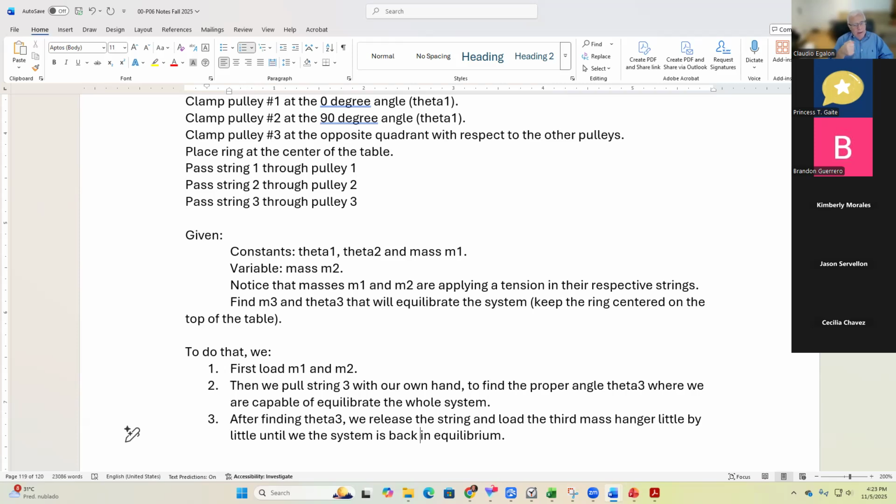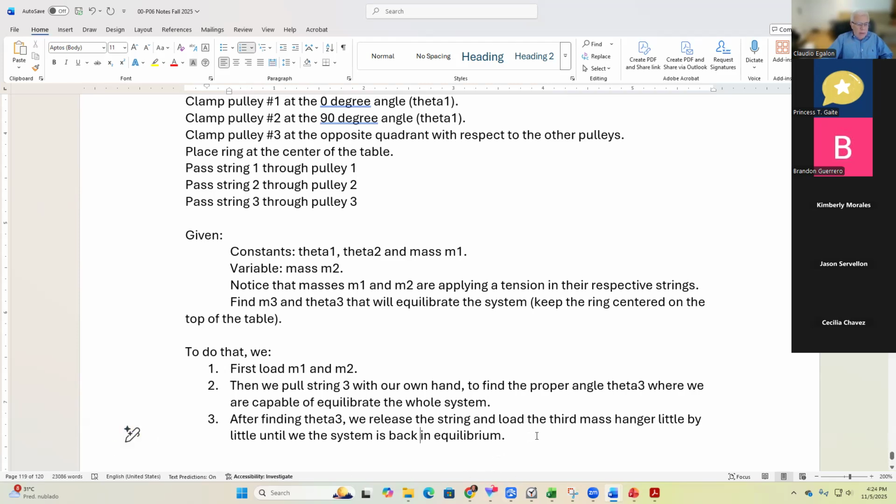But just by applying a force with our hand, we do not know how much force that is. We can have a qualitative idea that we are equilibrating the system, but we do not know in a quantitative fashion what is the force that the hand is actually applying to the string. So in order to find this exact force, we have to load the system little by little with the slotted masses.